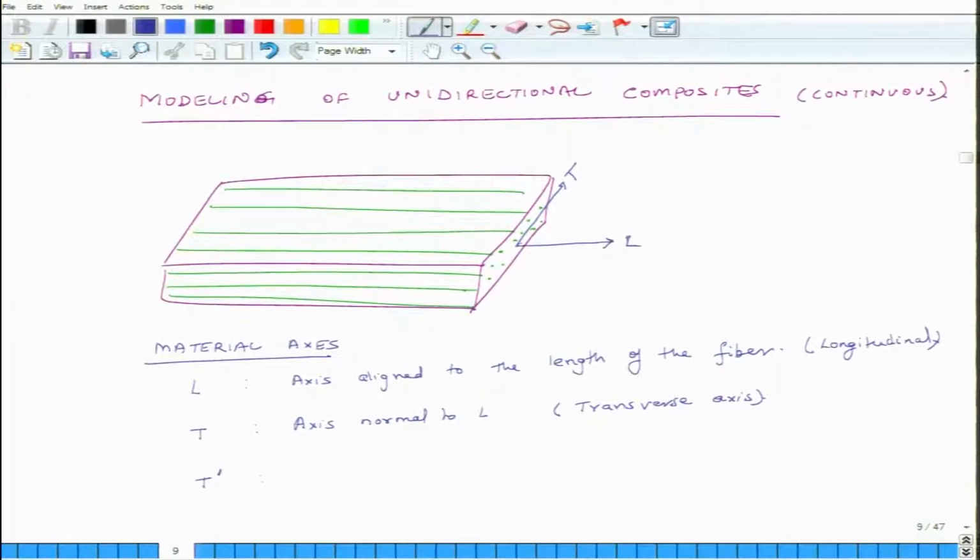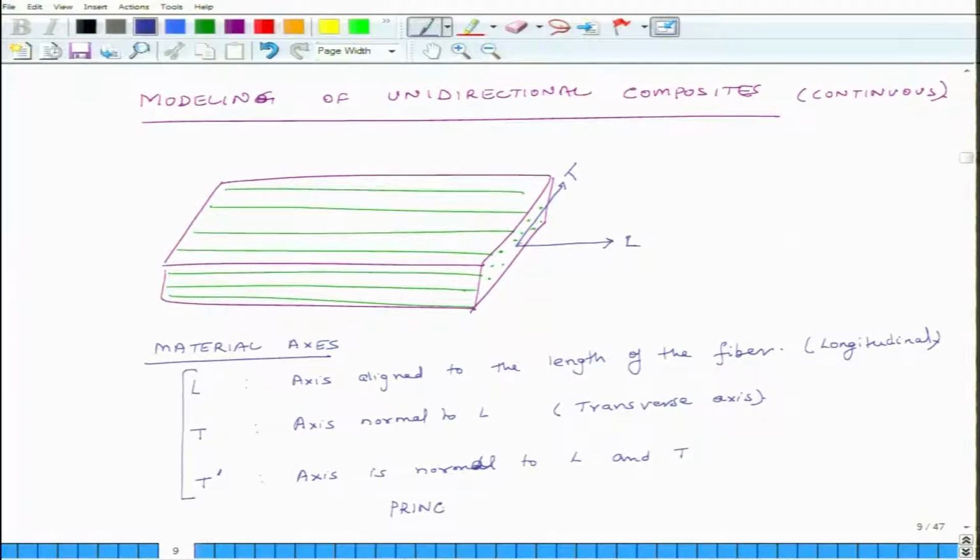So, this axis is normal to L and T. So, these are material axes and we also call them principal material directions.